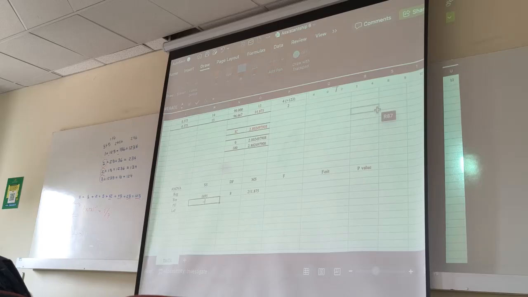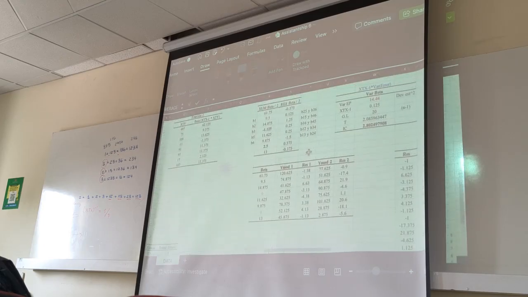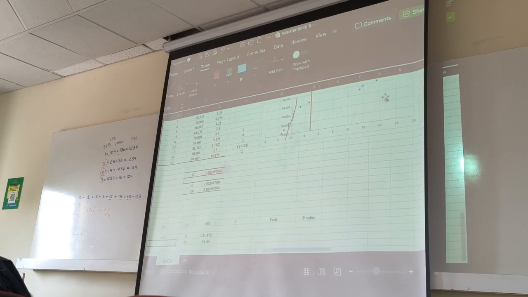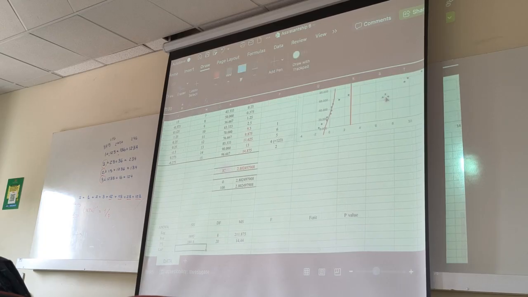For the pure error, we have the MS is 14. The degree of freedom is 21 less 1. So the SS it will be the MS times the degree of freedom. Yes. And the lack of fit, it will be always the difference.